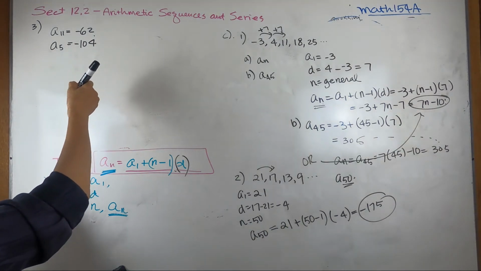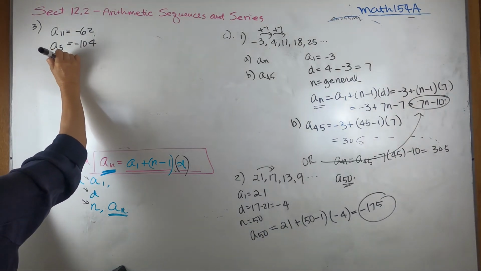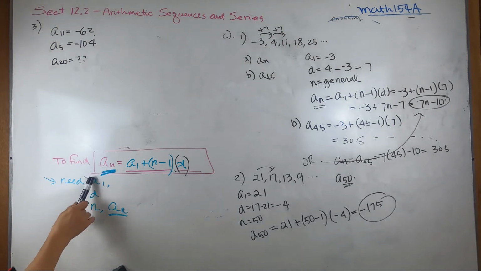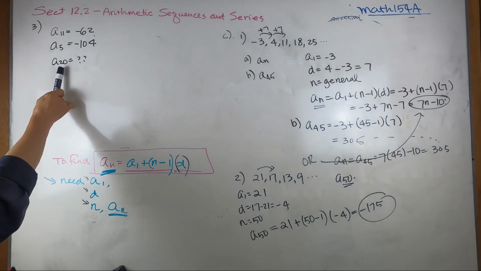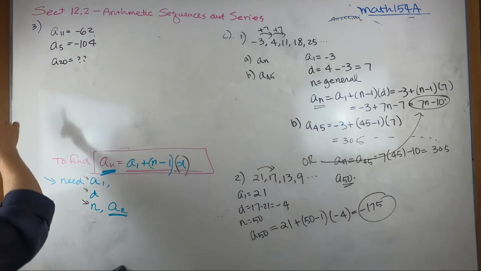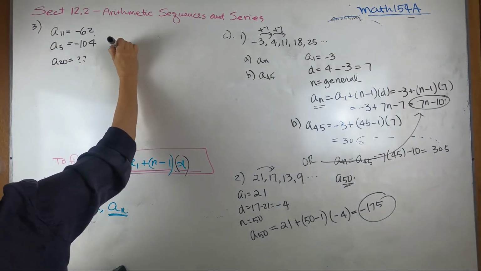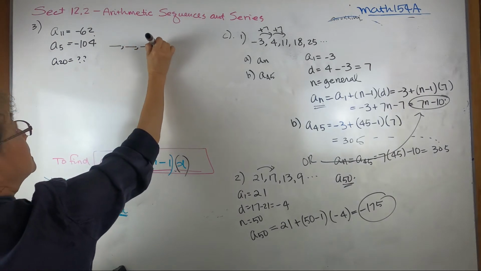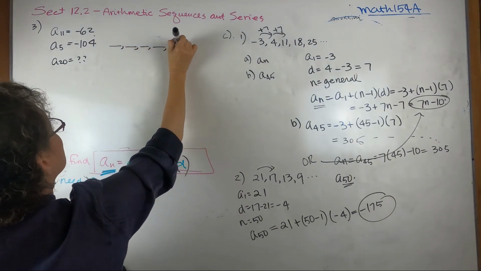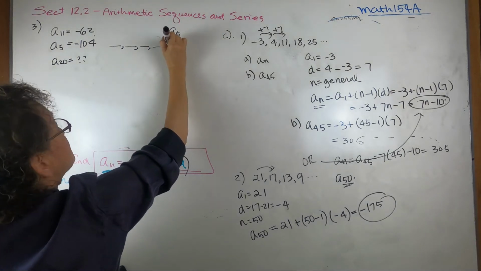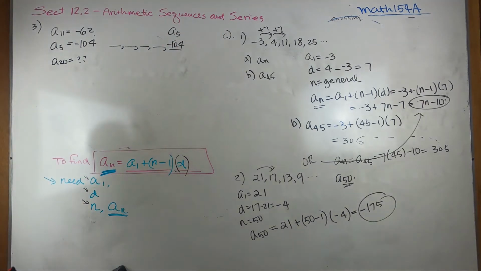That means we want you to find A20. What happened? You don't know A1, you don't know D. You need those 2 numbers to be able to predict the 20th, right? So you look this way. You don't know A1, A2, A3, A4. A5 is here, right? A5 is negative 104.